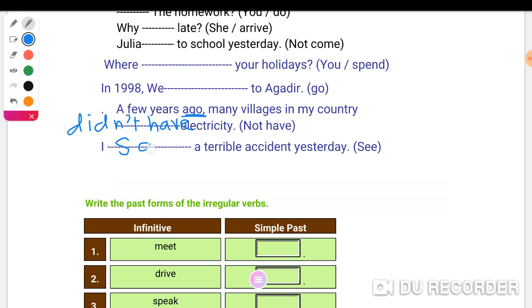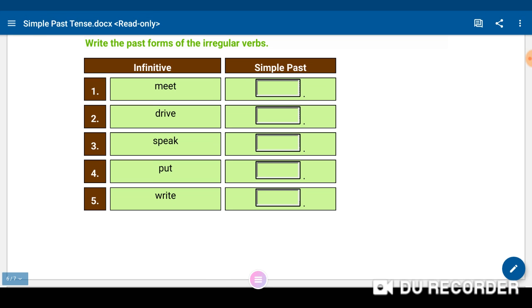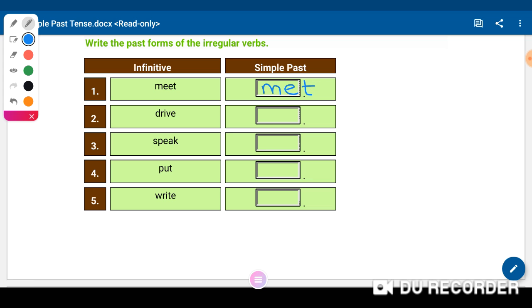I saw a terrible accident yesterday. And here some of the irregular verbs, like meet in the past will be changed to met, drive, drove, speak, spoke. Don't forget the magical formula, the magical spell. Put, write, wrote.